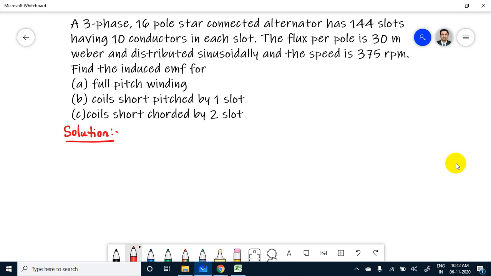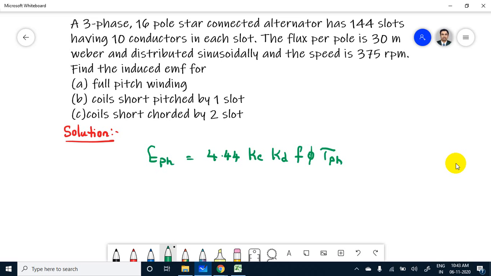We know that E phase is equal to 4.44 Kc Kd f phi T phase.